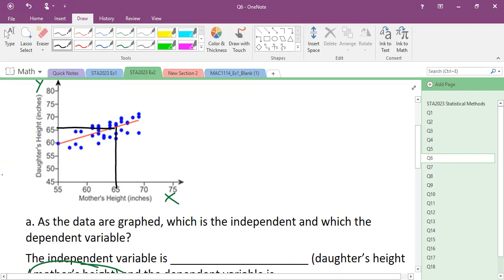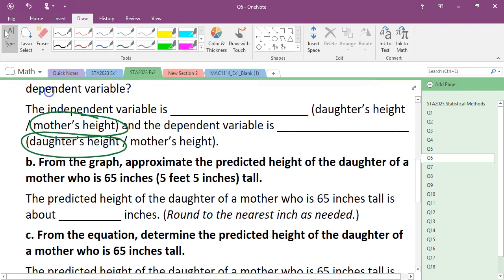So what do you think that height is rounded to the nearest inch? 66, probably maybe 67. So 66 or 67. I think probably around there because my lines weren't exactly straight.